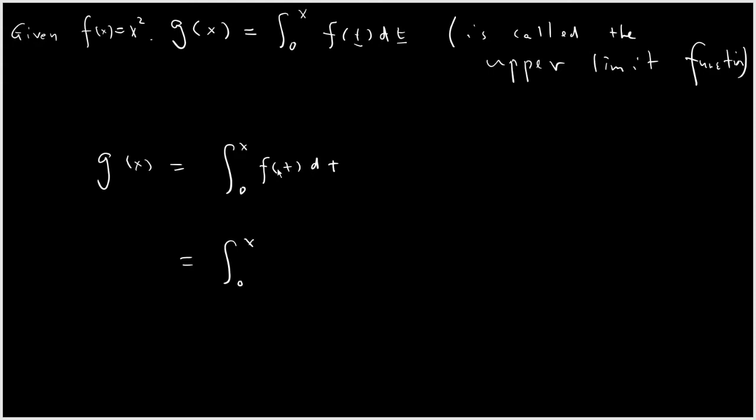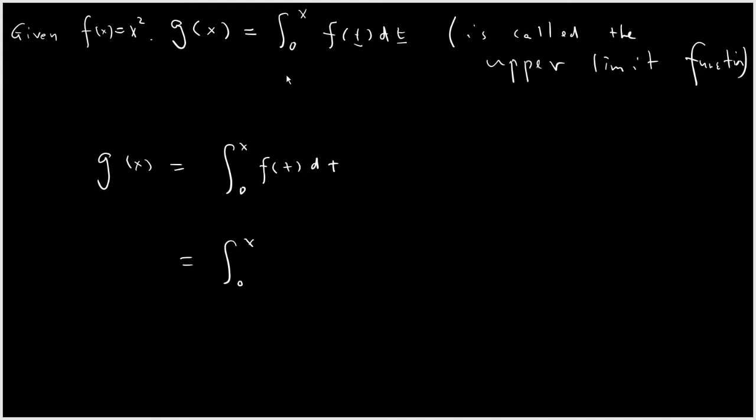When evaluating the integral, you temporarily treat x as a constant, and then you integrate with respect to t. After you get the answer, you treat g of x as a function, and in particular you treat x as a variable. I will make my point.